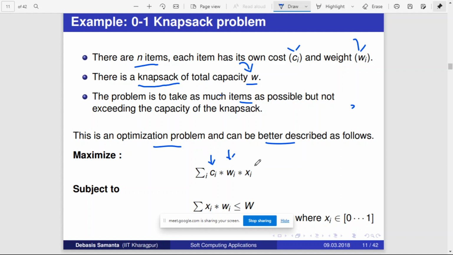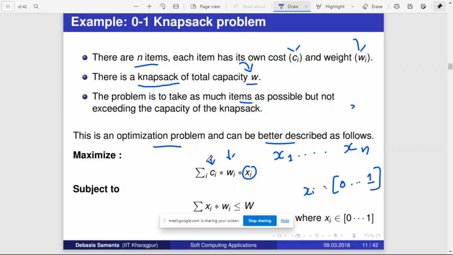Xi represents whether the thief has taken this item or not. The items are represented as X1, X2 up to Xn. So whether the thief has taken this item, or how many pieces of this item the thief has taken, is represented as xi, and this xi will take the value 0 to 1.